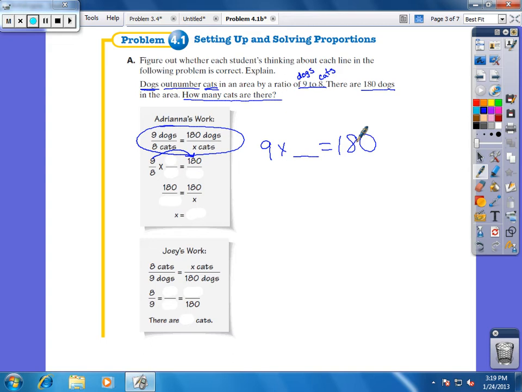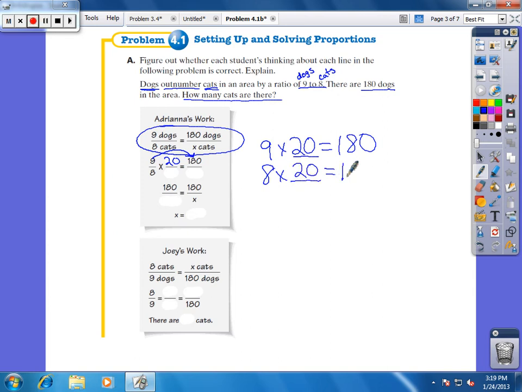If you chose 20, that's correct. If not, you need to work on your multiplication facts. Just saying. So, if we multiply 9 by 20 to get to 180, what are we going to do with 8 now? That's right, we're going to multiply it by 20 also.